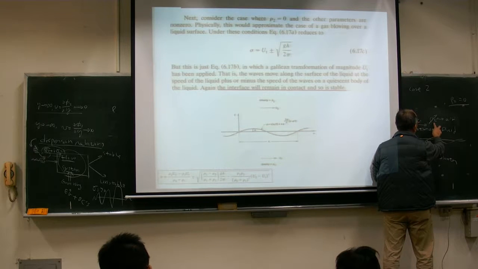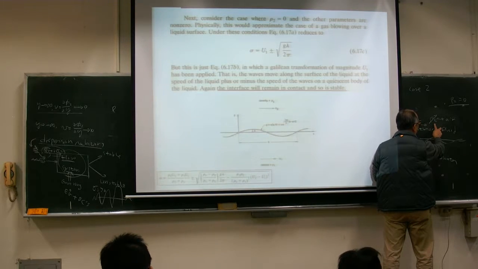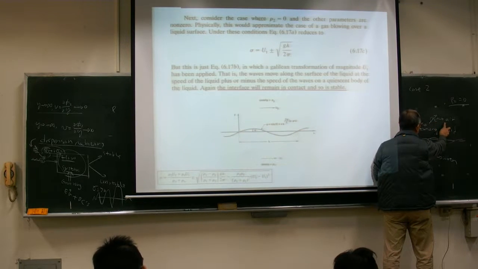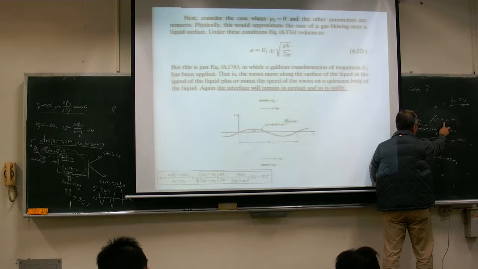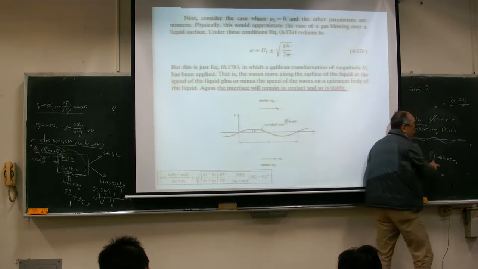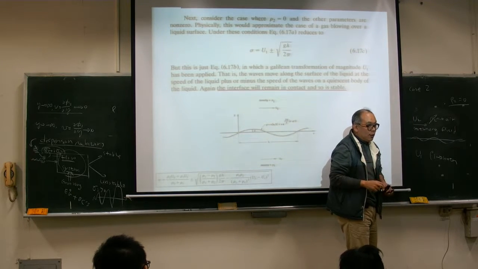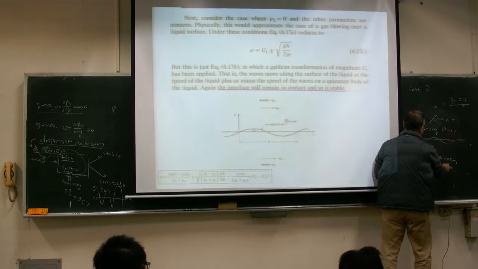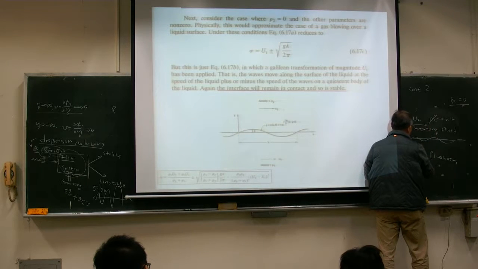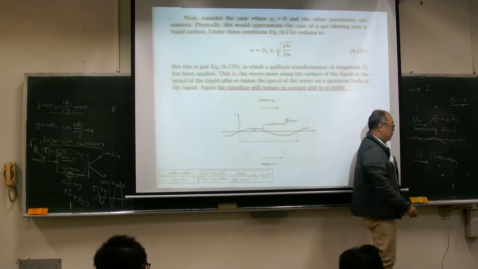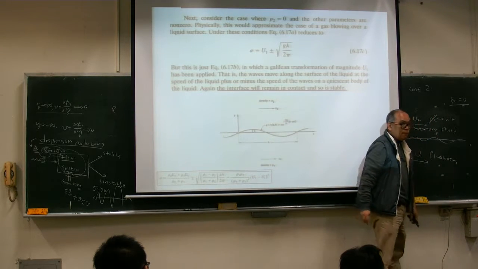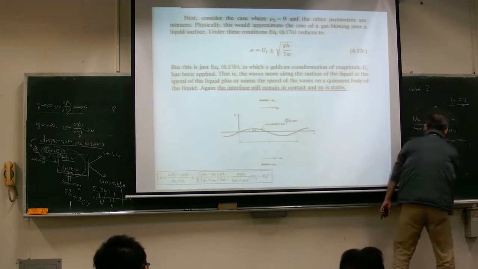However, I only have rho 2 equal to 0. That means I have air and water. This is a special case with some fluid above whose density is much, much smaller than the density below, like air over water. The air is flowing and the water is moving with some speed. This is case 2.